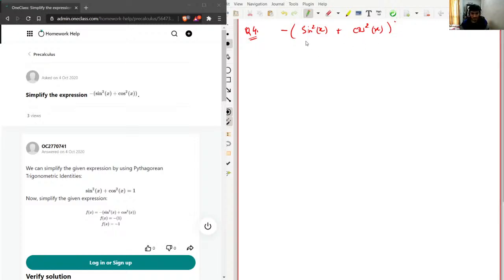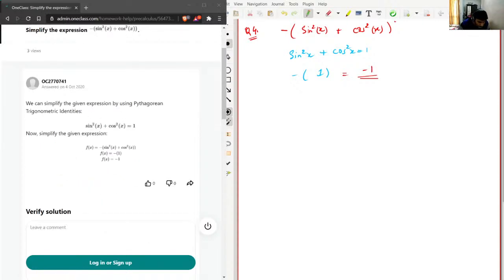For this one, we'll use the property of trigonometry, which is sine square x plus cosine square x equal to 1. We'll just substitute the value of this, and the final answer will become negative of 1.